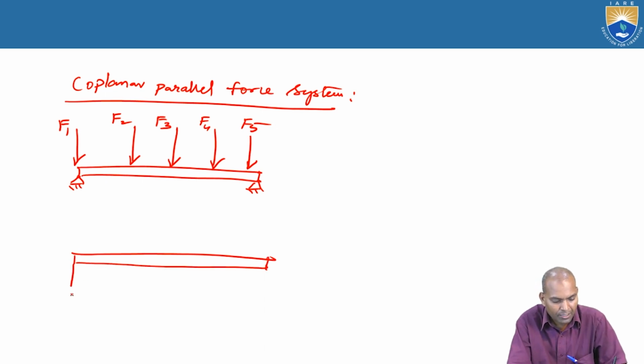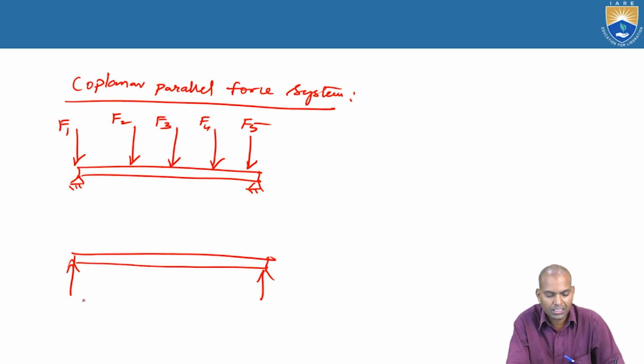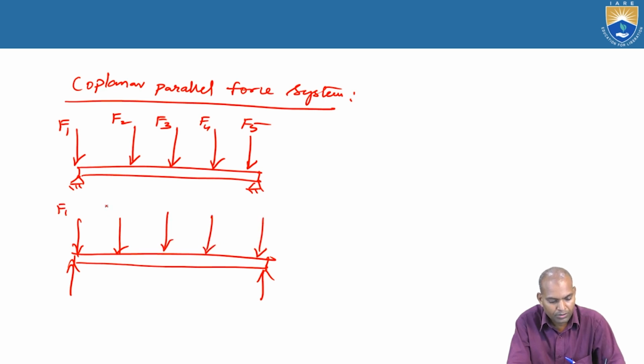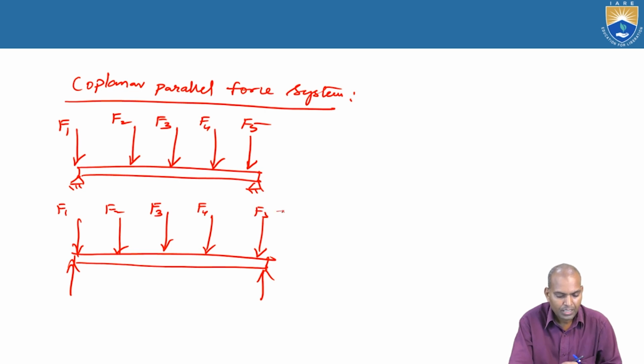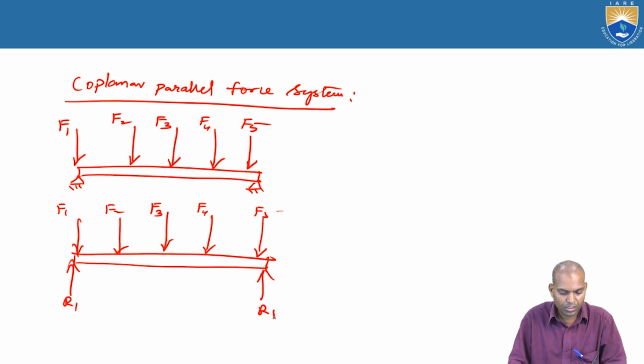There is also the unlike parallel force system. If you remove the supports and consider the reactions, then what will happen here? The 5 forces F1, F2, F3, F4 and F5 act downwards, but 2 reaction forces, reaction 1 and reaction 2, act upwards.